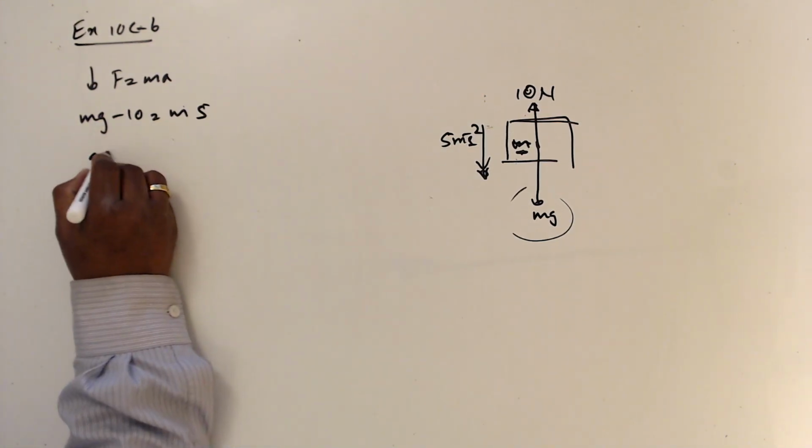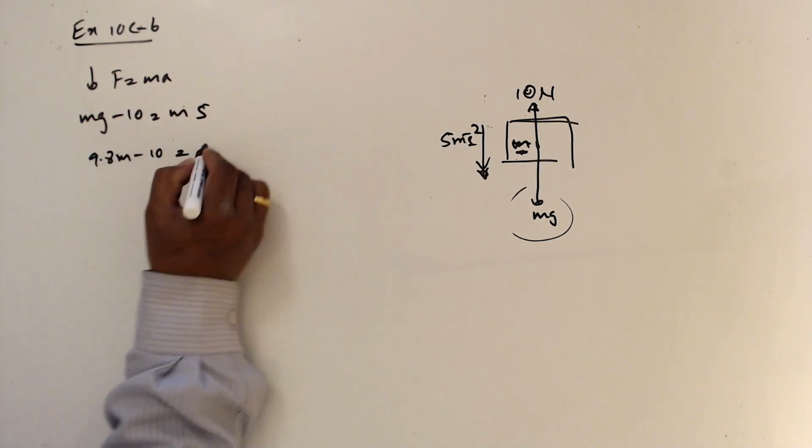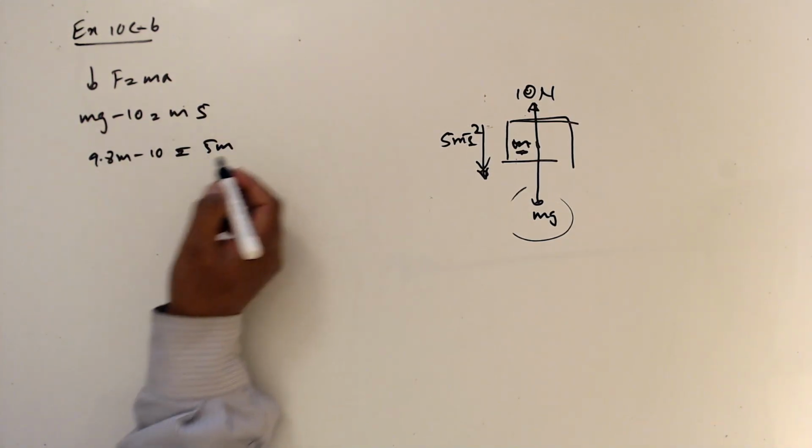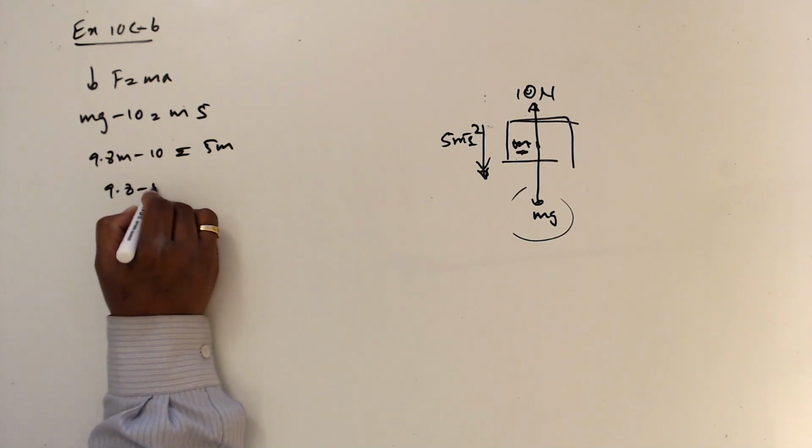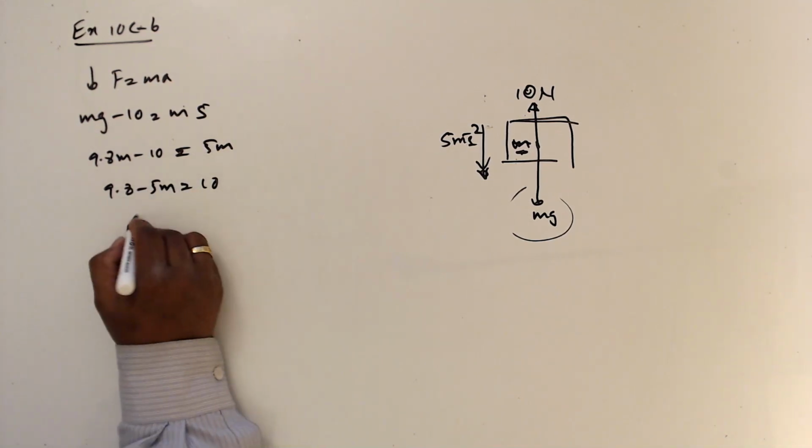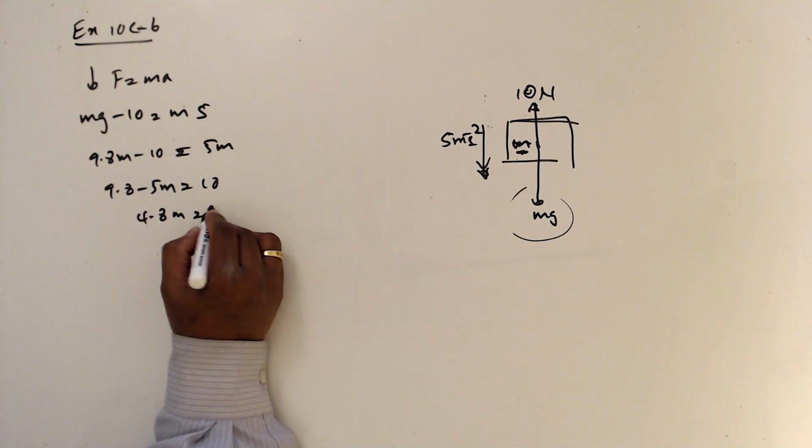So this is 9.8m minus 10 equals 5m. So 9.8 minus 5 times m equals 10. 4.8m equals 10.